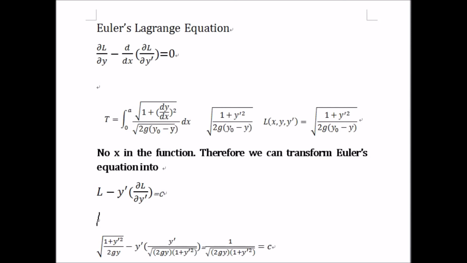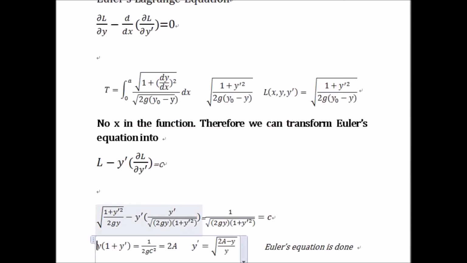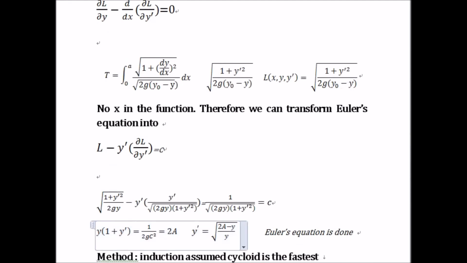If we plug in the initial conditions, we get this equation, and if we simplify it, we get this. Over here, y times (1 plus y prime squared) equals 1 over 2g c squared.